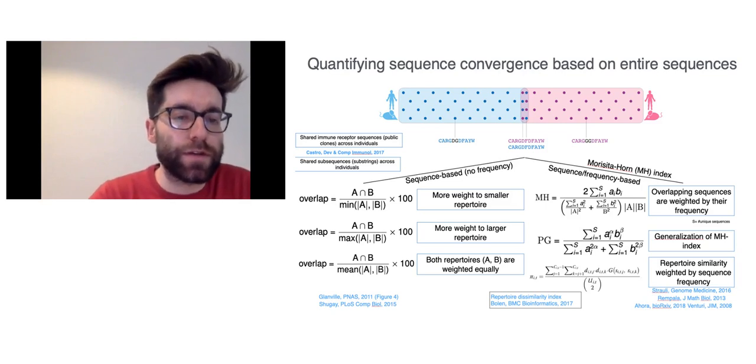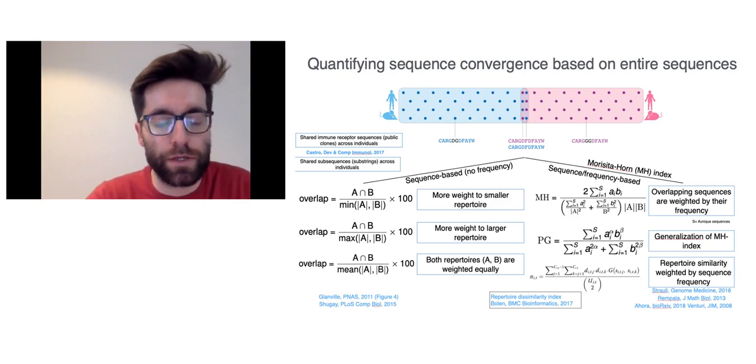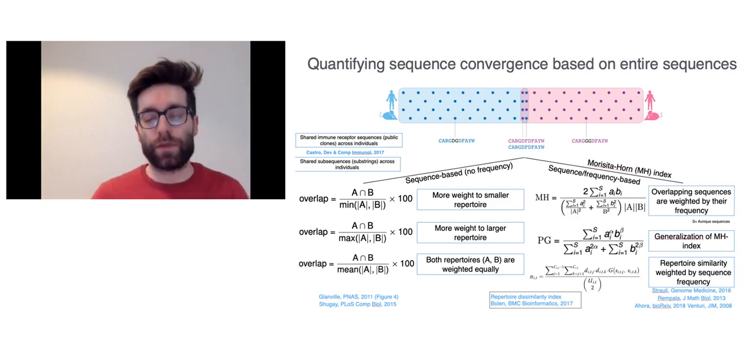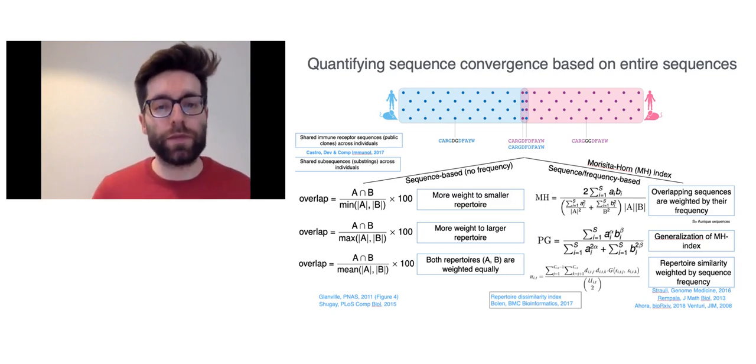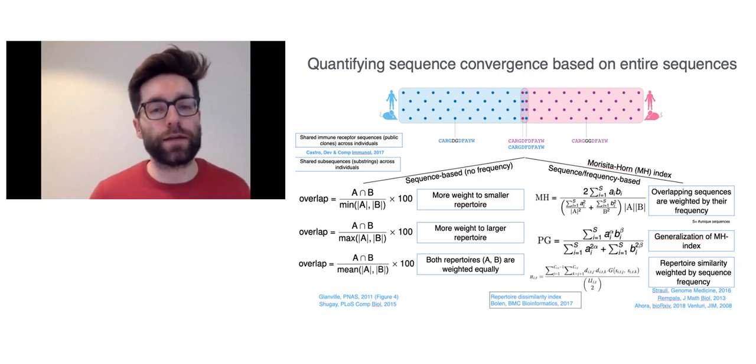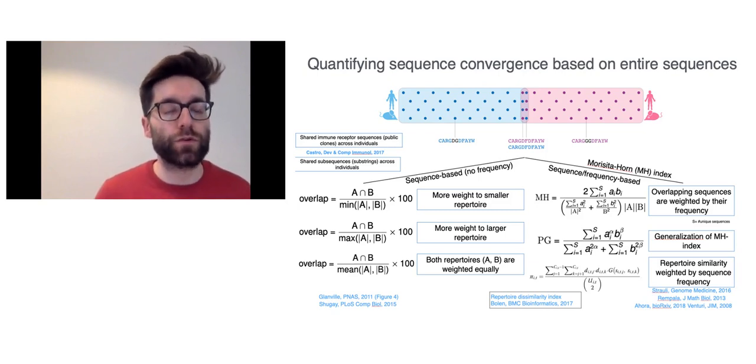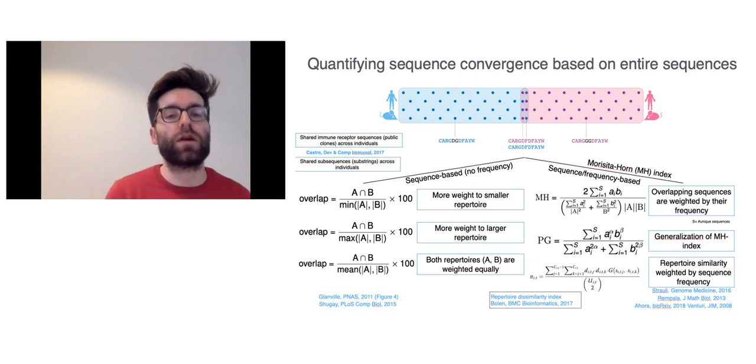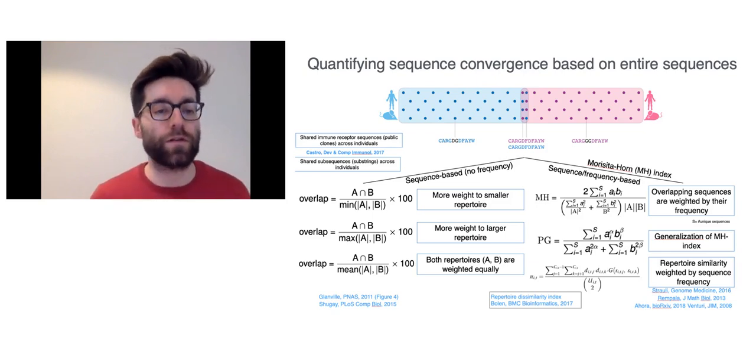Yes, and there is a very nice review from Castro et al. on public receptors also. So clonal overlap can be computed without incorporating frequency. You just look at the sequence and not how often you find the sequence in your repertoire. This is on the left.